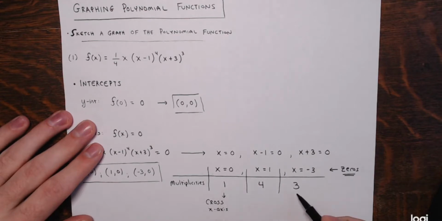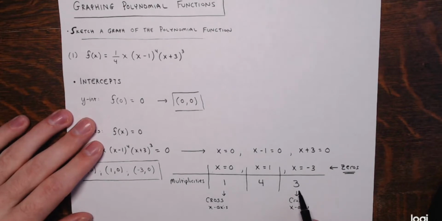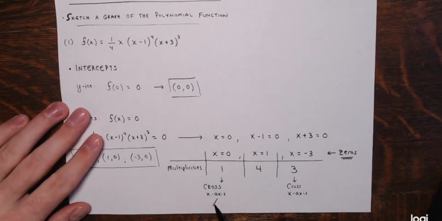Whereas with x equals negative 3, a zero with a multiplicity of 3, the graph will also cross the x-axis here, but like a cubic, like a degree 3 polynomial.